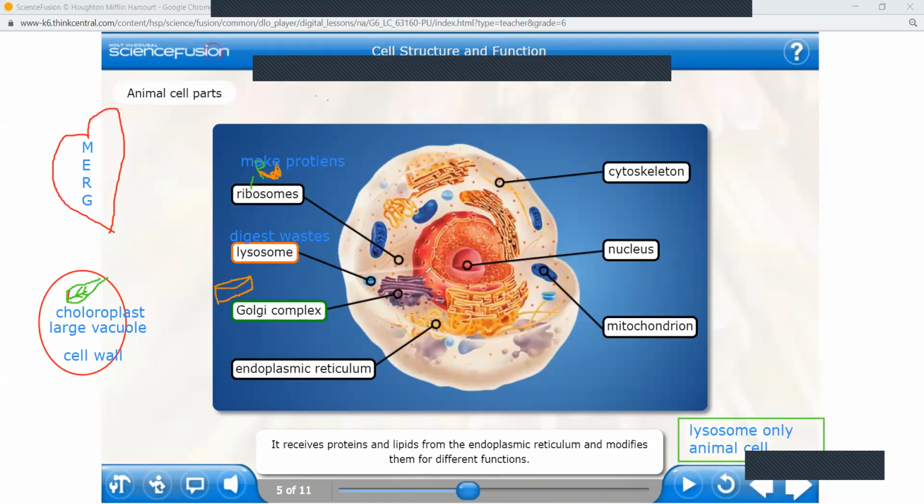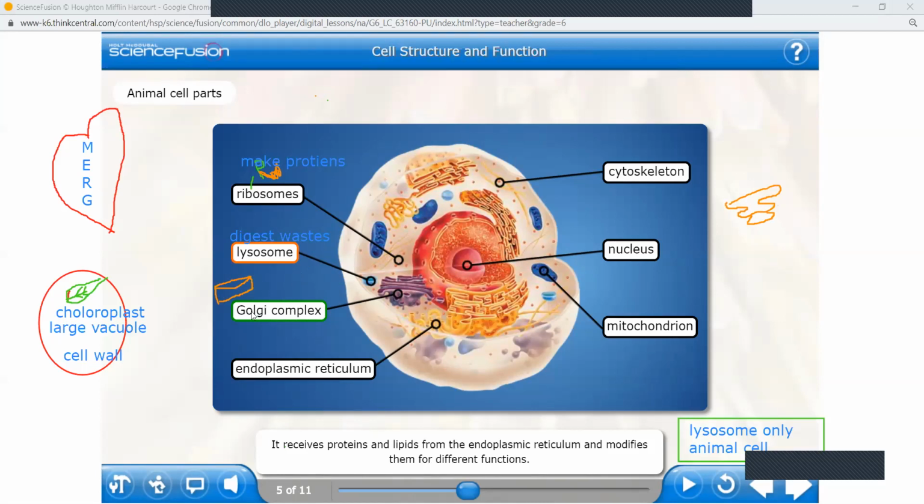So how does it look? The Golgi complex looks something like this. They are saying that it looks like layers of pancake. These all are Golgi complex, what you see here. So what is its function? It's like a post box of the cell.